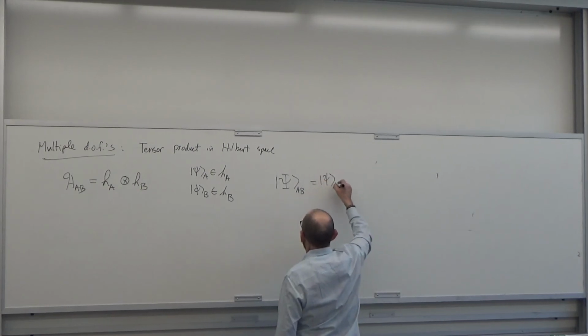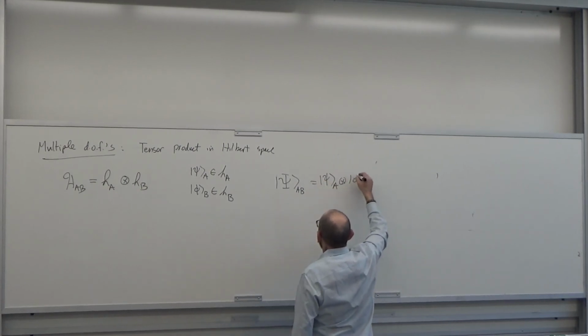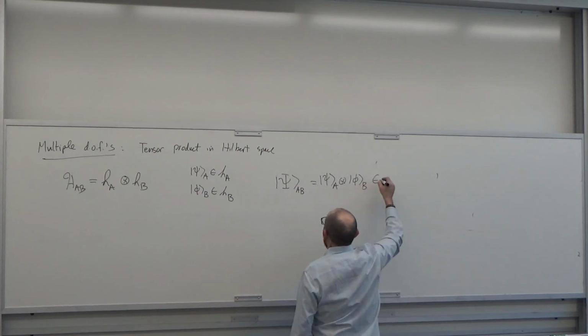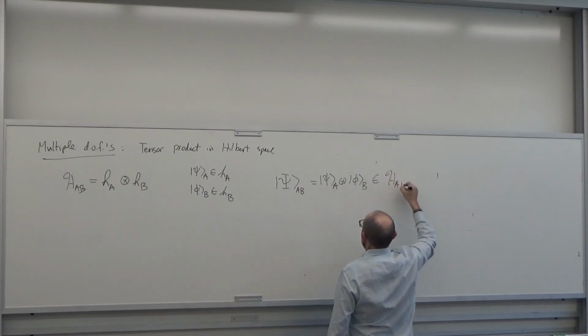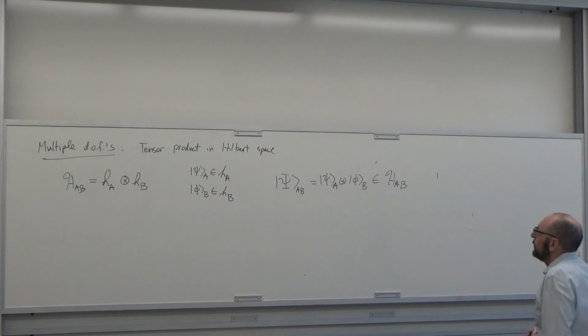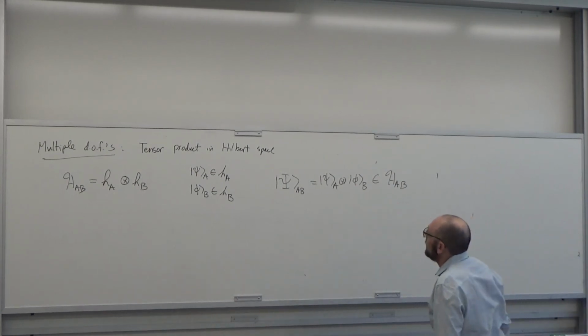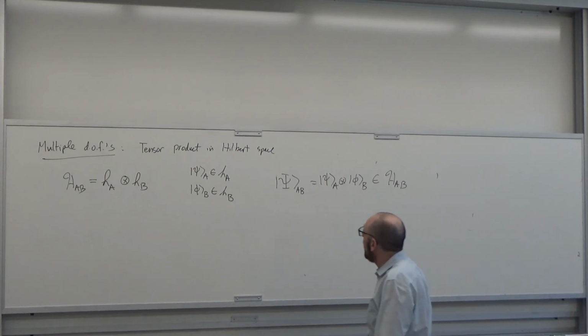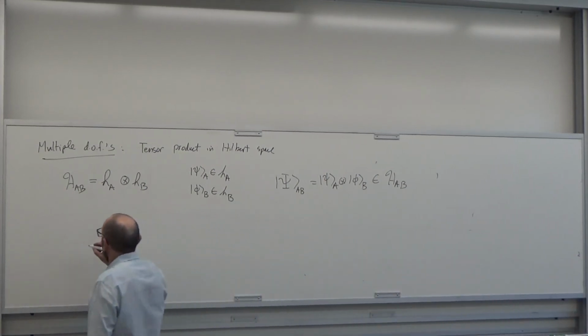So this is just a formal product, which has properties that we'll remind ourselves of. Okay, so I can take any linear combination of those.